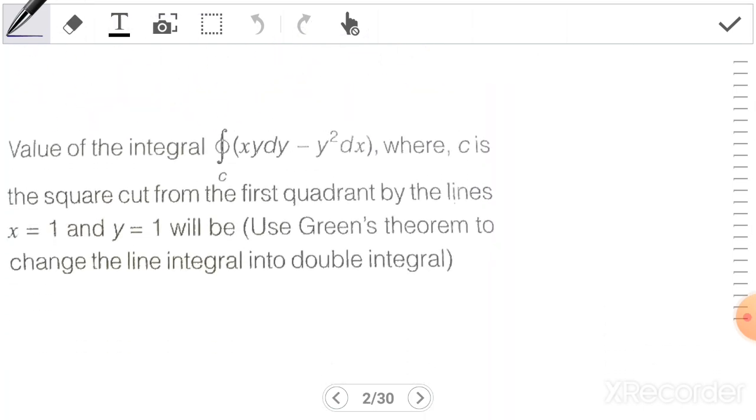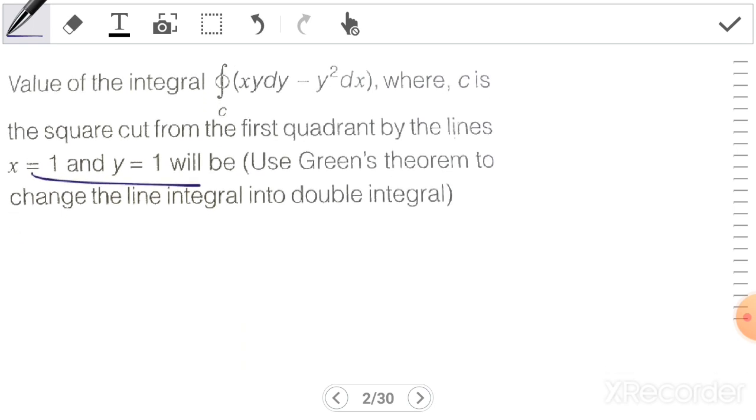Value of the integral where C is the square cut from the first quadrant by the lines will be, use Green's theorem. So we have to use Green's theorem to change the line integral into double integral.